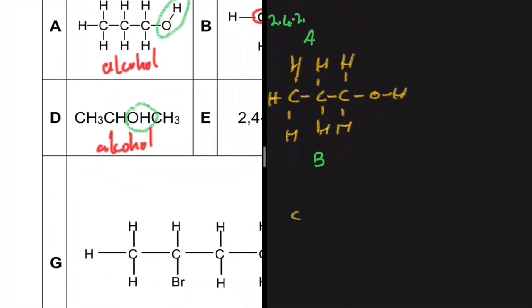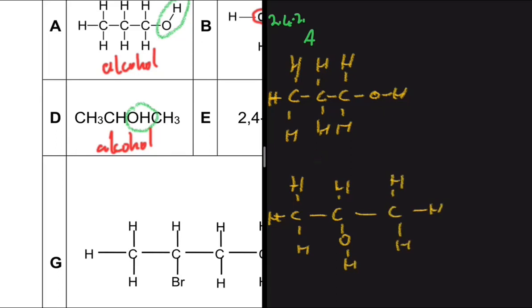So we have a carbon with 3 hydrogens. We have the second carbon, and on the second carbon we have 1 hydrogen and an OH, and then the third carbon with 3 hydrogens. So what type of isomers are compounds A and D? For compound A, the OH is on the first carbon, and for compound D, the OH is on the second carbon.